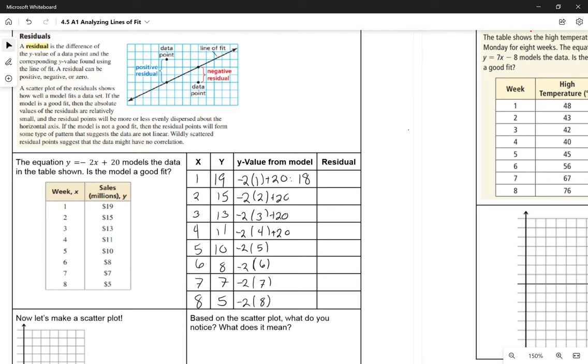So again, just filling out the information to be able to show us where the information comes from, so it makes sense. And now we can finish solving our y values.